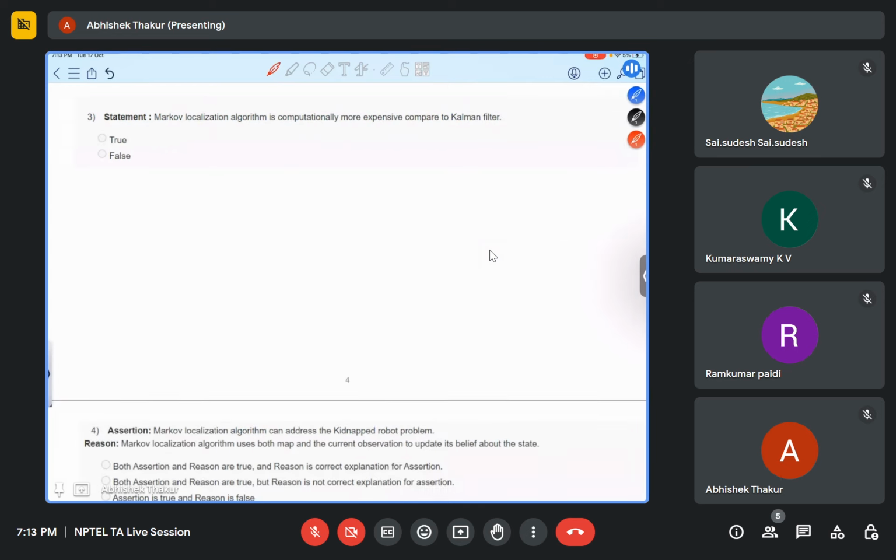Markov localization addresses the global localization problem and the position tracking problem, and also the kidnapped robot problem. So we'll see.